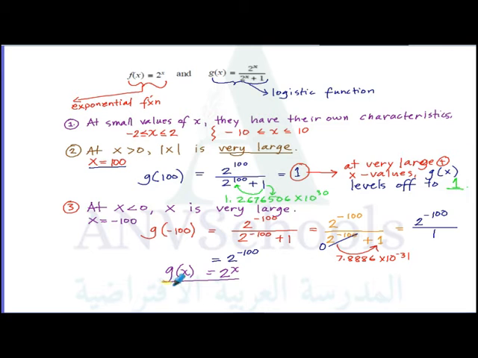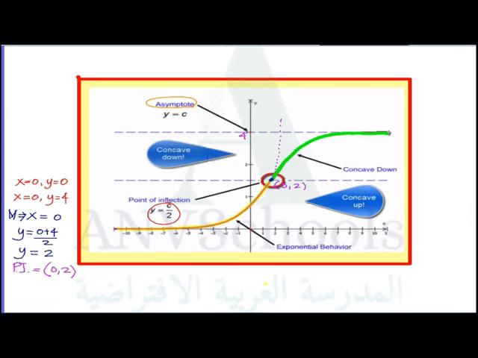Do you get the idea? At very large positive numbers for x, your g of x levels off to 1. But for very large negative values of x, your g of x tends to behave like your f of x. So it tends to behave like an exponential function when x is less than 0, which conforms to our illustration.